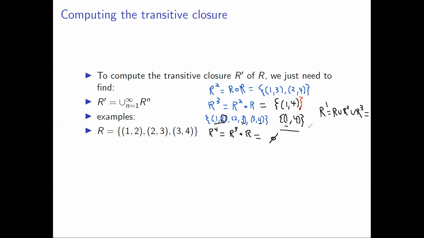And that gives us the following set. We have 1, 2, 2, 3, 3, 4. And then we also had the 1, 3, 2, 4 from r squared.